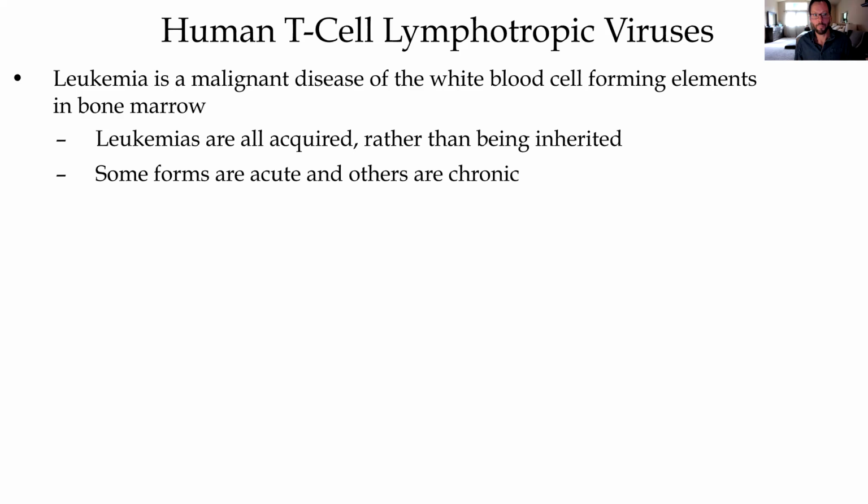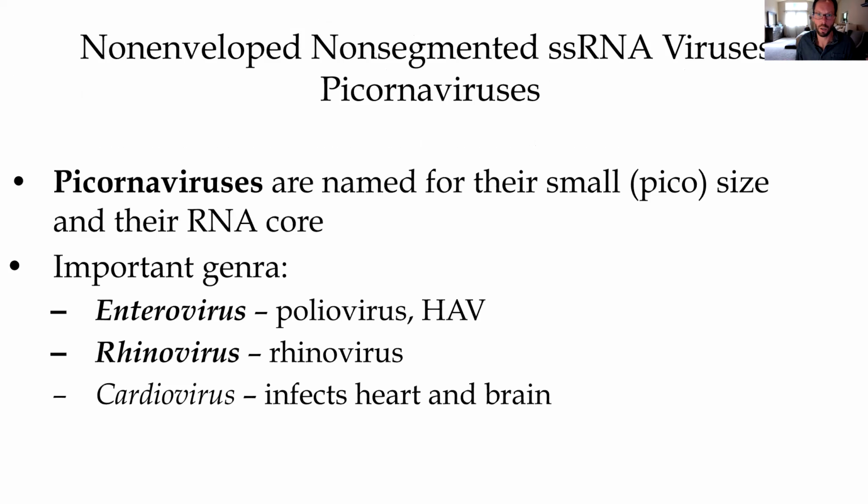In this case, it's a viral infection. There are various forms of survival. Some are acute, some are chronic, some are life-threatening. Most of them, I guess, are probably life-threatening, but some people have a much better prognosis than others.